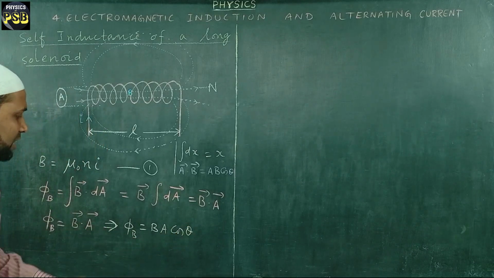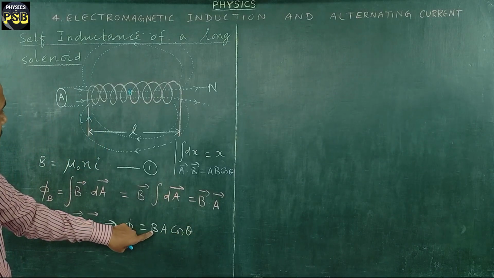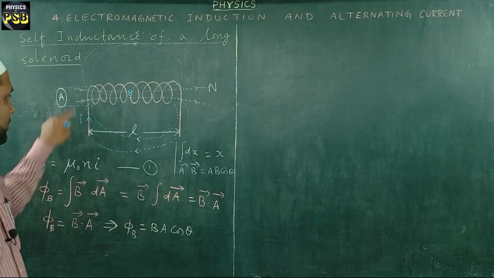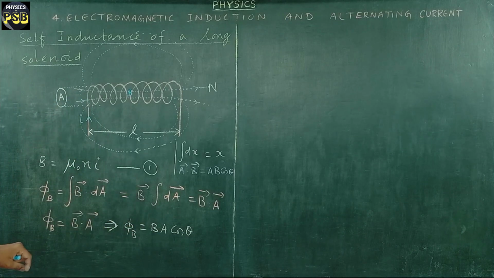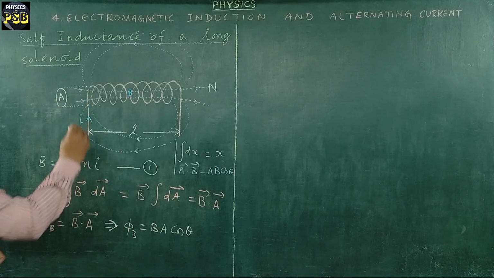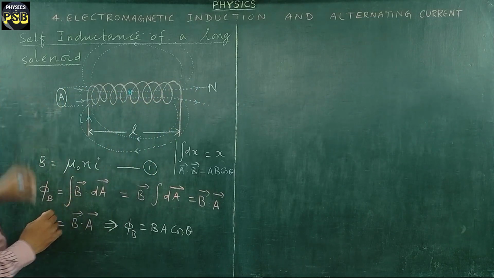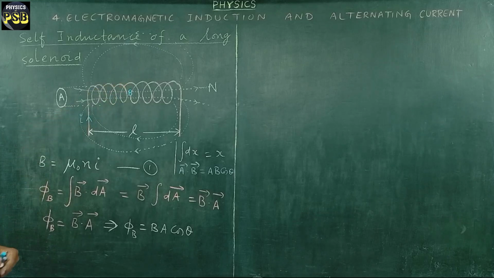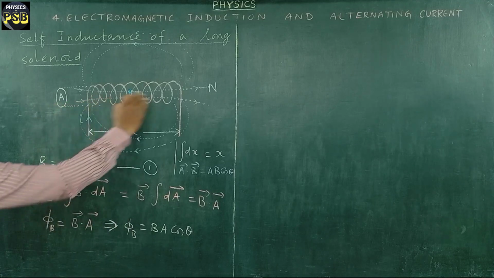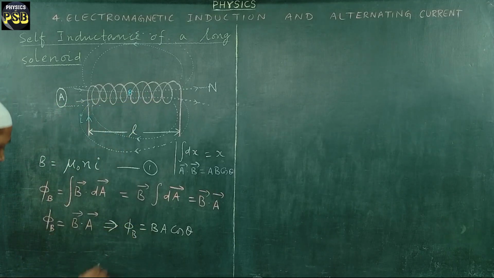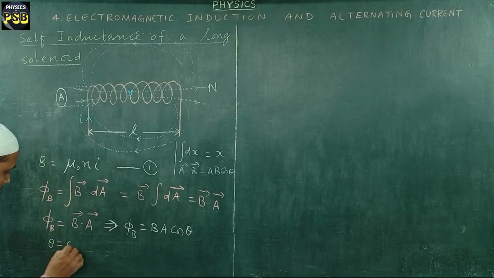Here theta is the angle between the magnetic field and the area of cross section of the solenoid. As you can see, the magnetic field and the area of cross section both lie in the same direction, so the angle between them is nothing but 0.